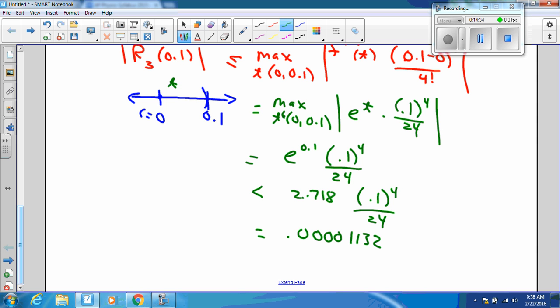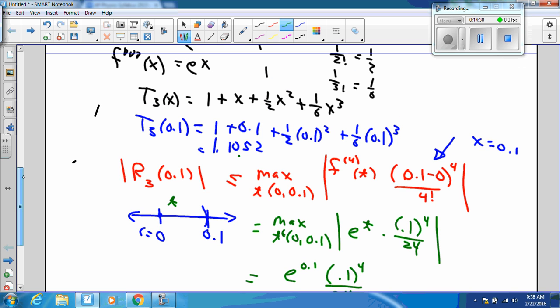It means that to 4 decimal places, my Taylor polynomial approximation is exactly correct to 4 places. That's pretty impressive. And sure enough, when we actually compute e to the 0.1, we get 1.1051709, which agrees with this to 4 places.